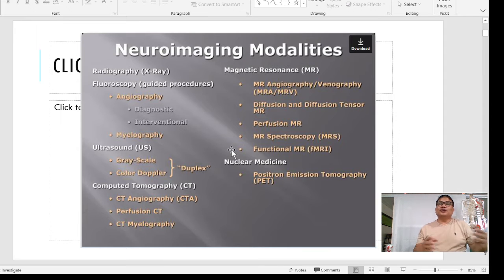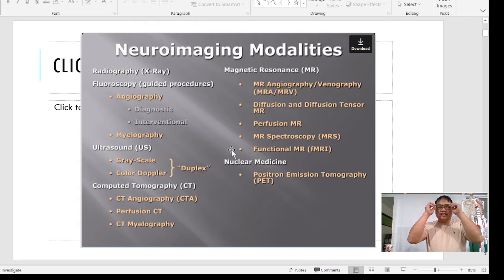We have angiography. Angio means blood vessel, so that is for checking the integrity of the blood vessel and the blood flow, if there's a blockage or entanglement of the blood vessel. Then we have myelography, which refers to the studying of the spinal cord.